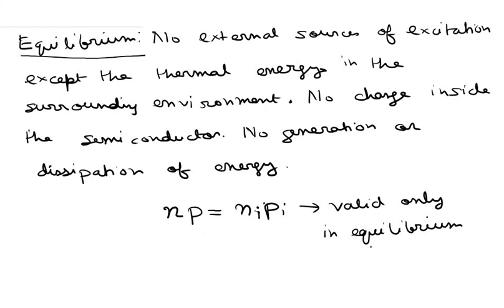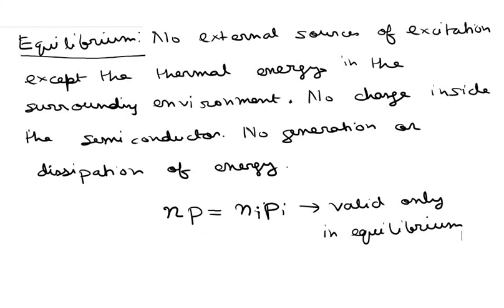Or you just keep your semiconductor inside a packet and just like that. Okay, there is no voltage, there is no current, and there is nothing basically. So this is basically an equilibrium state, and of course, as you can understand, an equilibrium state is of no use to us, because if there is no voltage, there is no current, then what is the use of the device? So equilibrium state is basically of no use to us, but that is what equilibrium is.